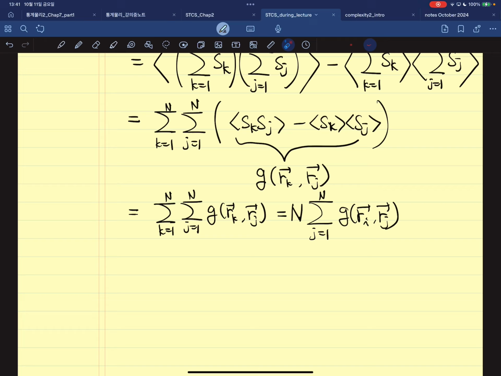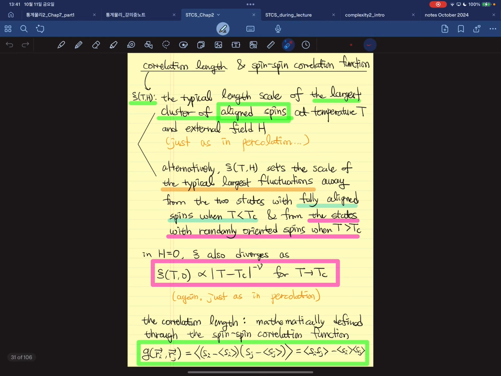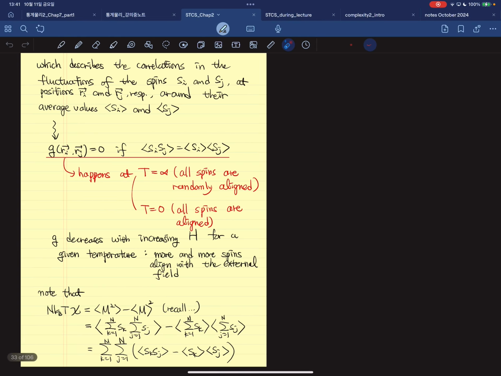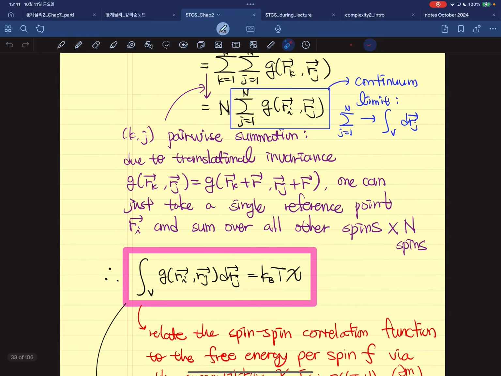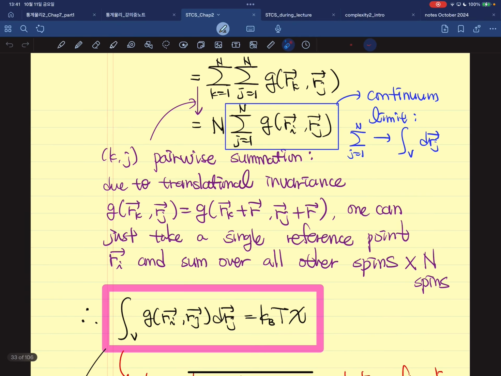So we just fix the first spin and sum over the correlation function for all the other sites, and just times N will be equivalent. It's kind of hard to say here, but I put the explanation here.